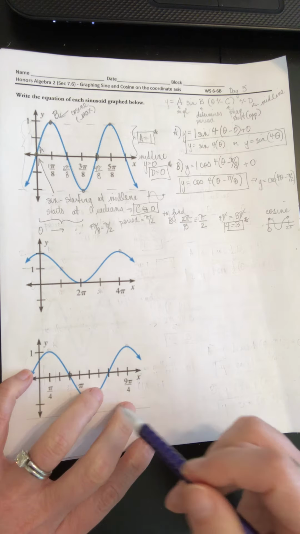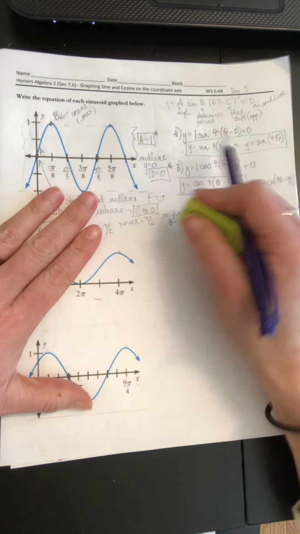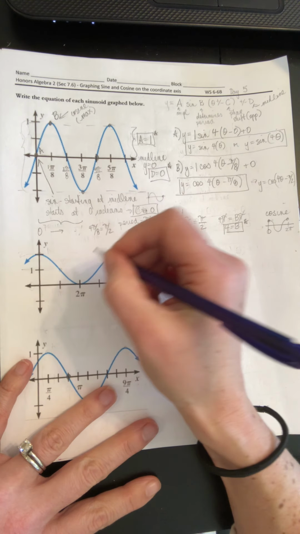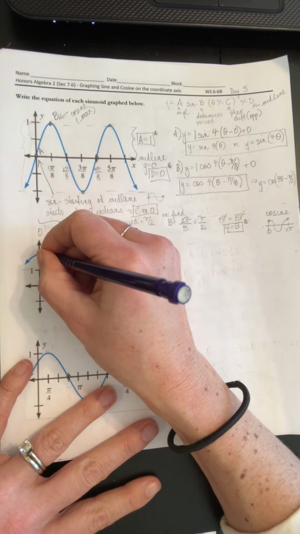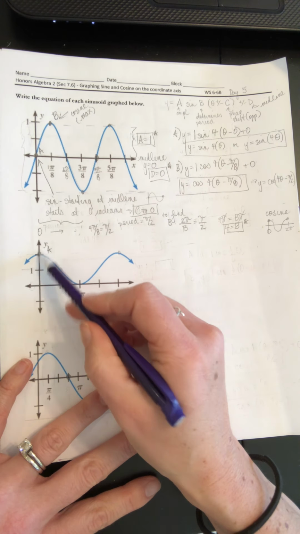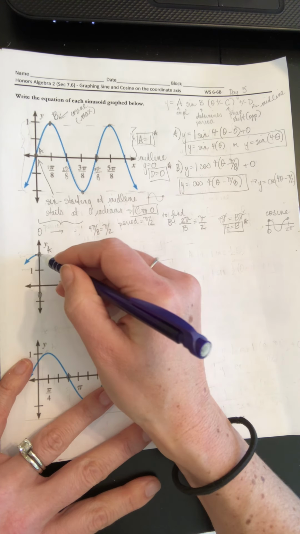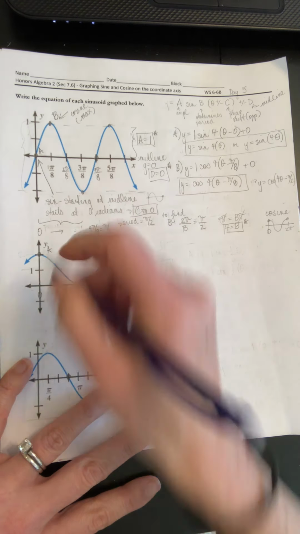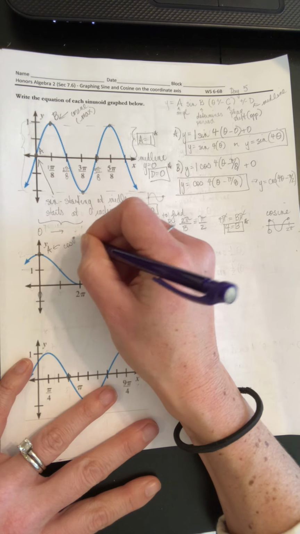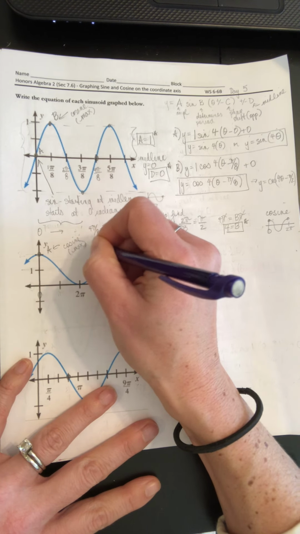Now, if we look at the next one, if I start at A, let's say, okay? And again, now I'm picking at the 0 radians part. This happens to be a maximum. So right now I'm thinking this is going to be cosine, because I'm starting at a max.